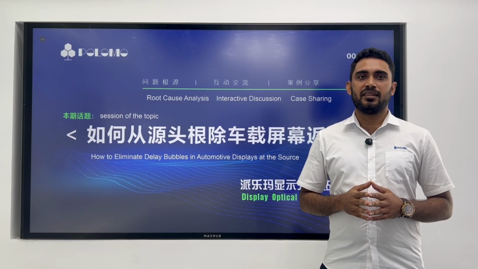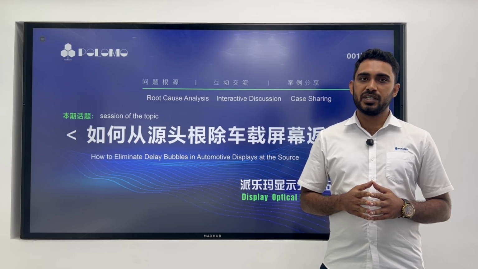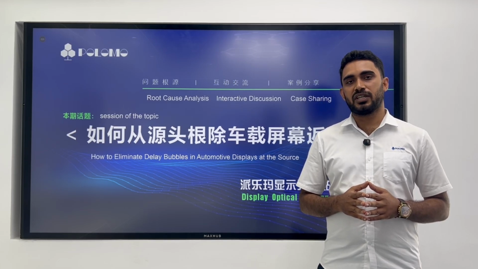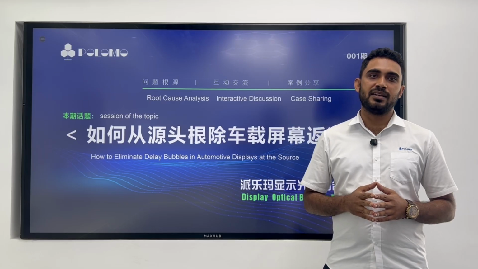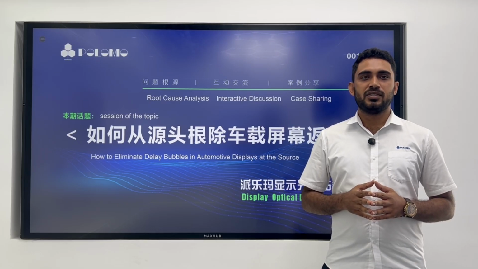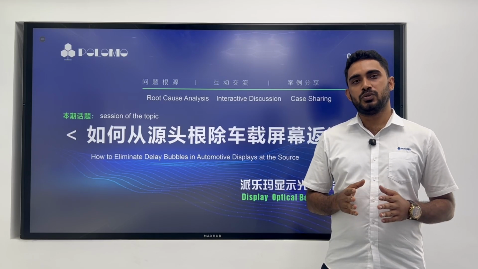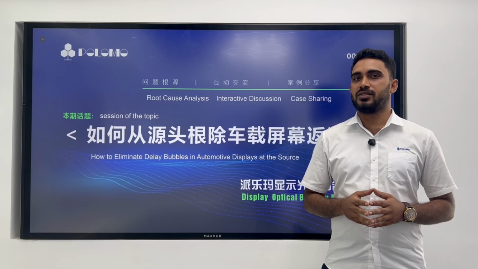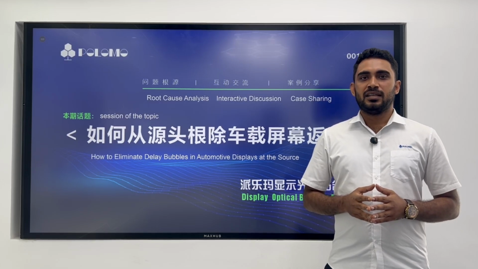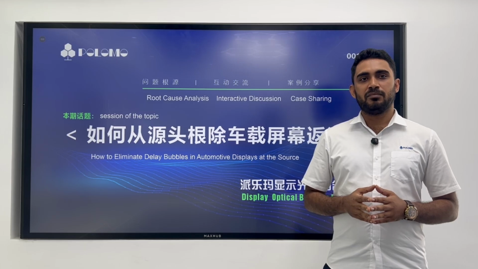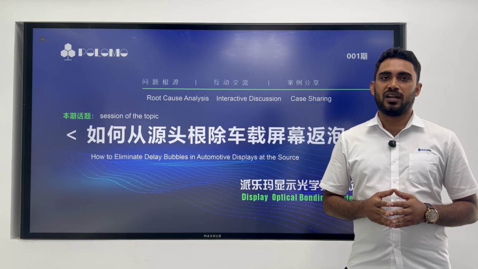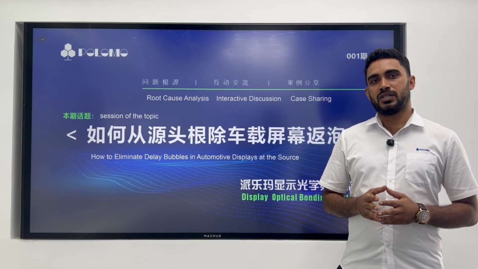And when the car is driving in extreme heat, humidity, or under strong UV light, the problem gets even worse. So the big question is how do we eliminate bubble rebound at the source? Not just fix it temporarily, but root it out from the molecular level. That's exactly what we will cover today.